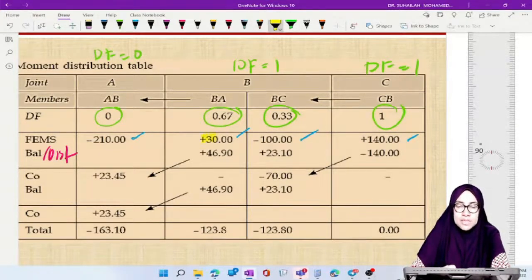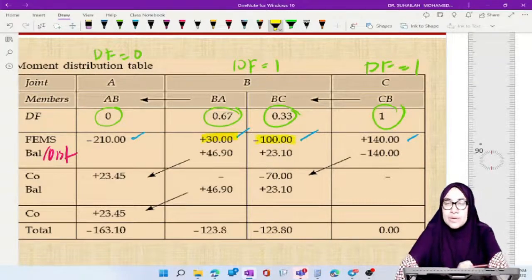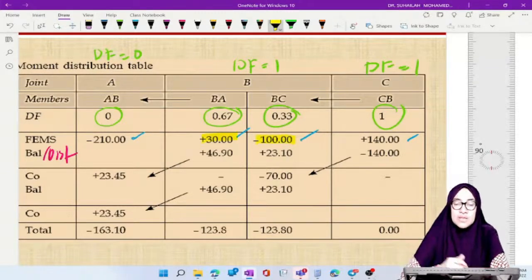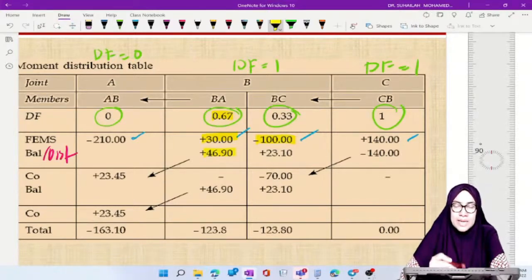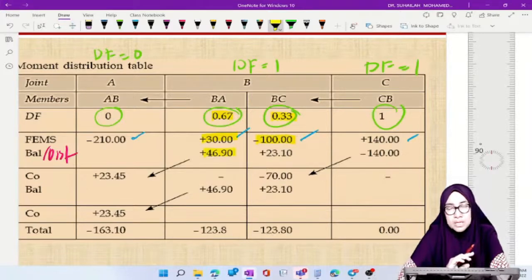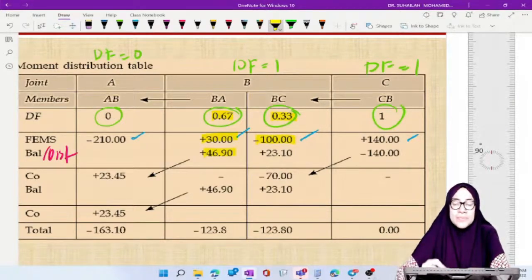The total moment is 30 and negative 100, we get negative 70. So this 70, when we times with 0.67, we get 46.9. And positive 70 times 0.33, we get this.